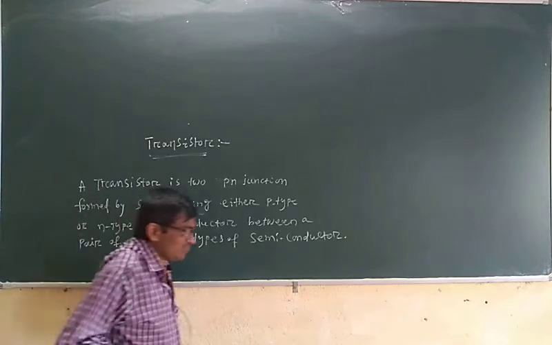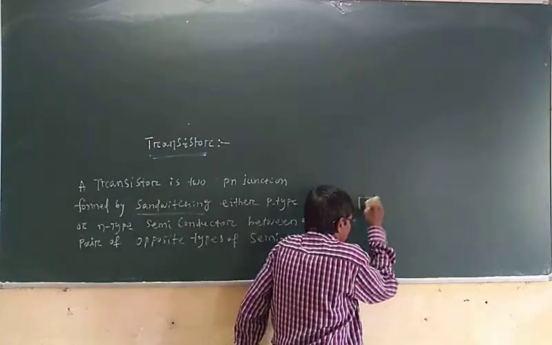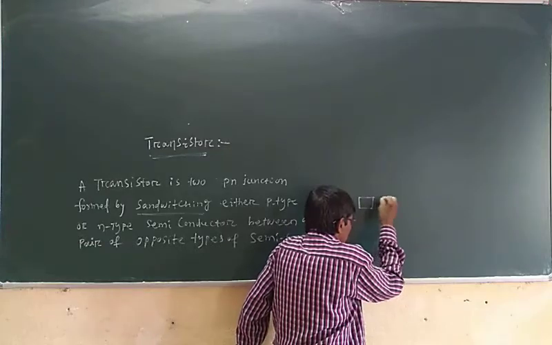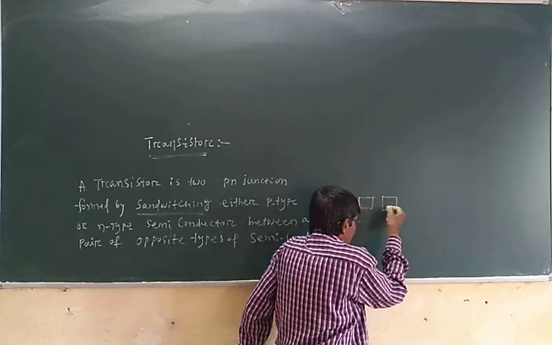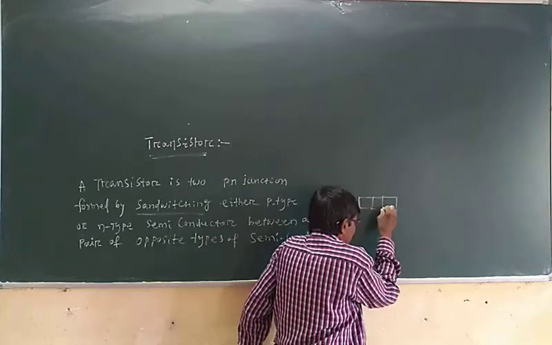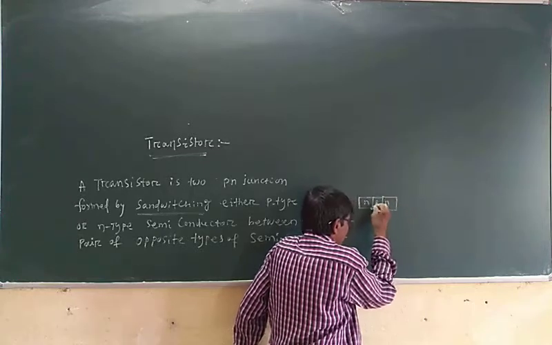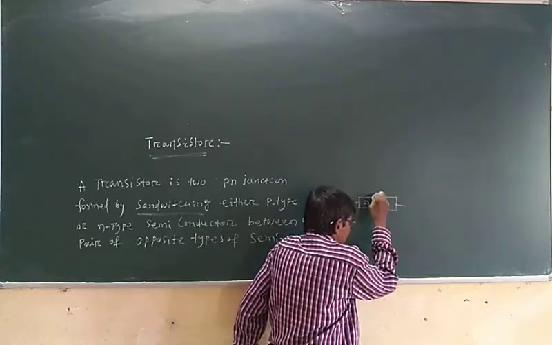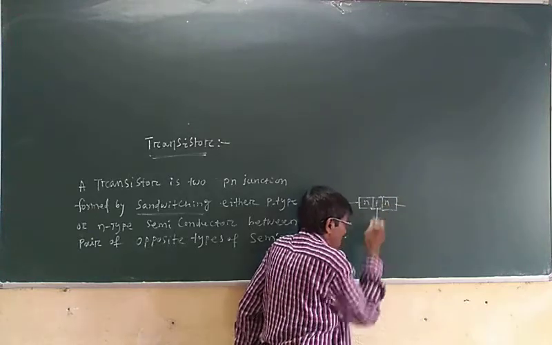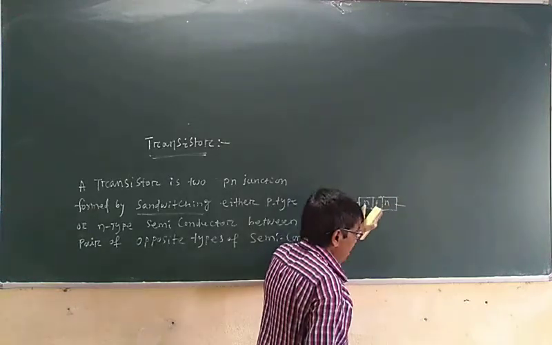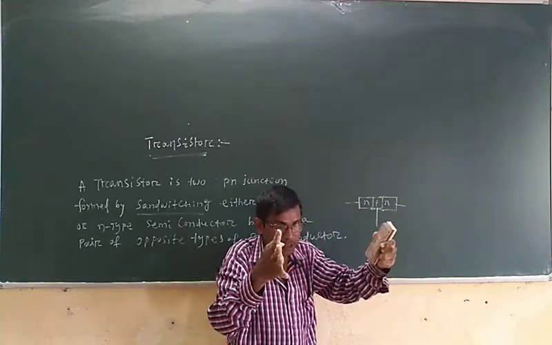Suppose this is N, this is P and this is N. The middle layer, the P, is a very thin layer, so the N layers are sandwiching it.